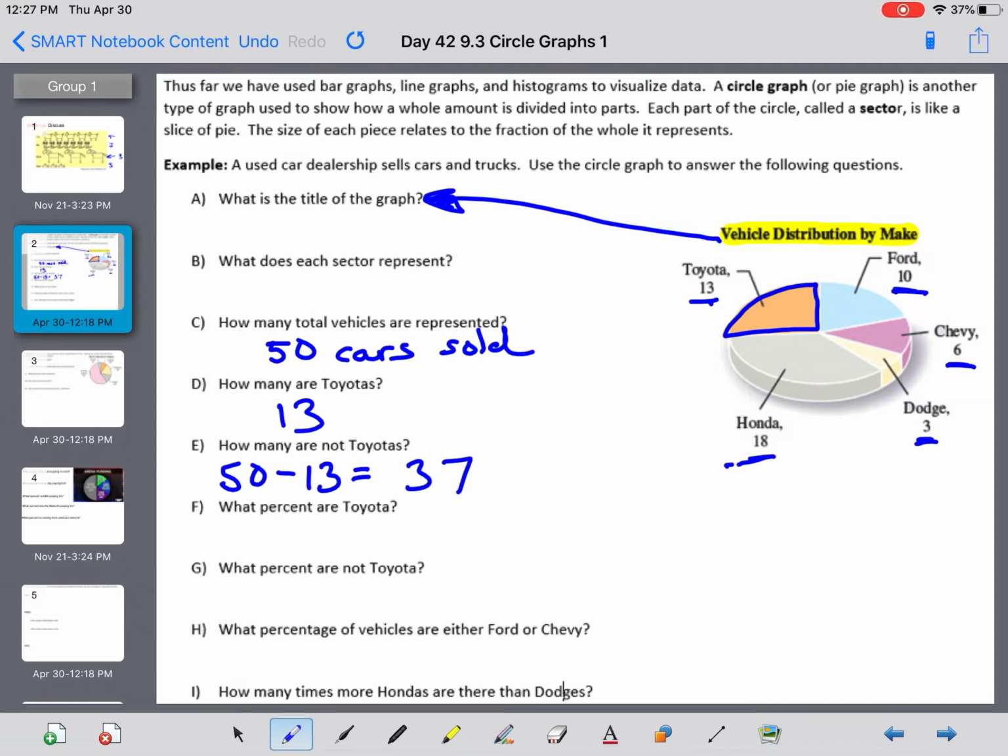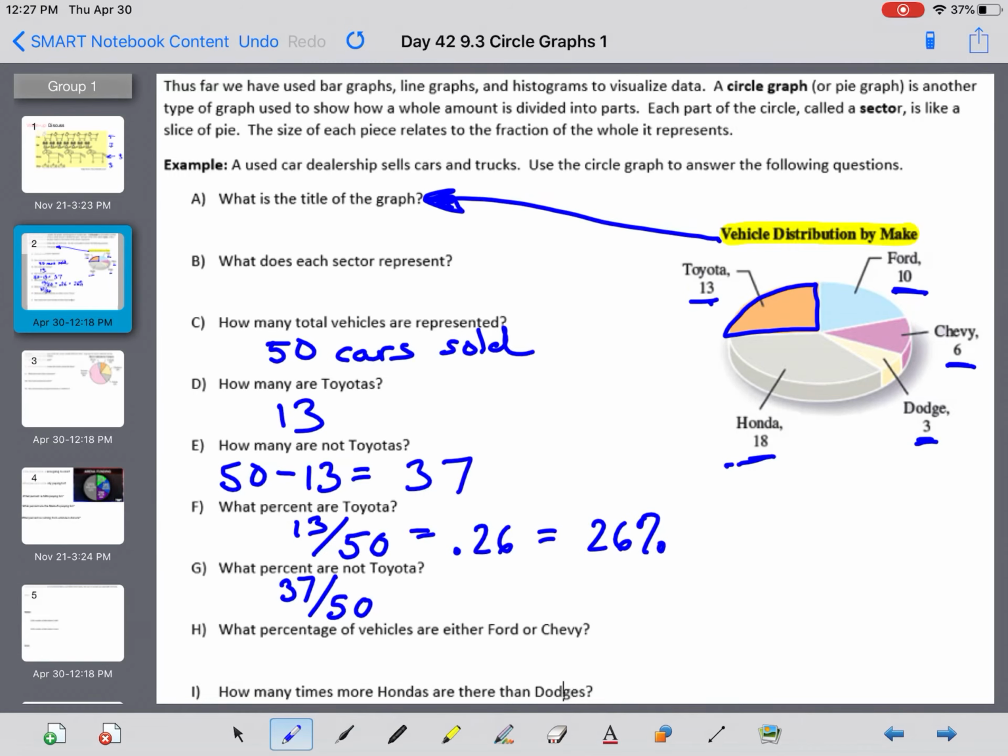So what percent are Toyota? Well, if I'm looking at a percent, I'm going to see how many are Toyota out of the total number. So 13 out of 50, if I do that division, I'm going to get 0.26, and then we just need to translate that into a percentage. So I'm going to multiply that by 100. So 26% of these vehicles are Toyotas. And what percent are not Toyota?